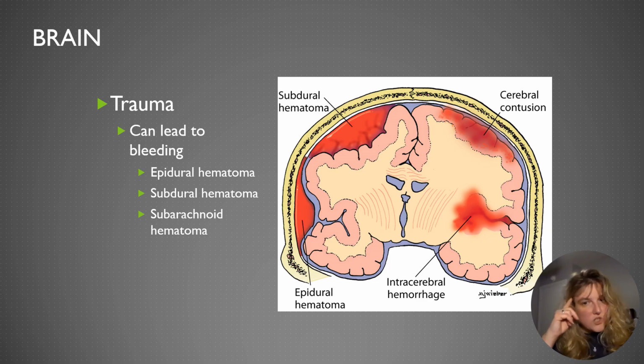For National Registry, when it comes to trauma, the head trauma that results in an epidural bleed, that arterial bleed, is going to be coming from the temporal region, and the artery that's impacted is the middle meningeal artery. So middle meningeal artery, usually the temporal region.